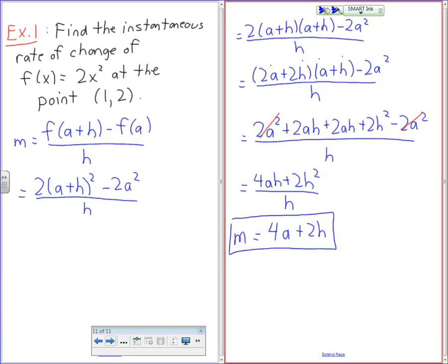Okay, I'm going to take a step back. You guys do a few of these and you'll say this is so easy. What I've done is now I've found an instantaneous rate of change here. Not yet, because my a value is going to be 1, which is my x coordinate. And h is going to be 0, and that's the difference.